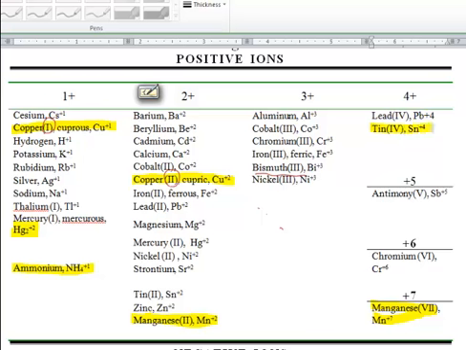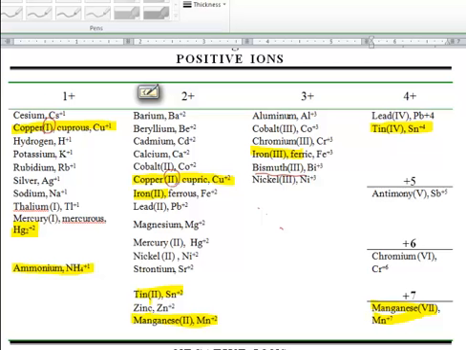Tin, you can have 4. Tin, you can have 2. As you can notice, for transition metals, zinc only has plus 2. Silver has only plus 1. Iron, you can have 2. Iron, you can have 3.